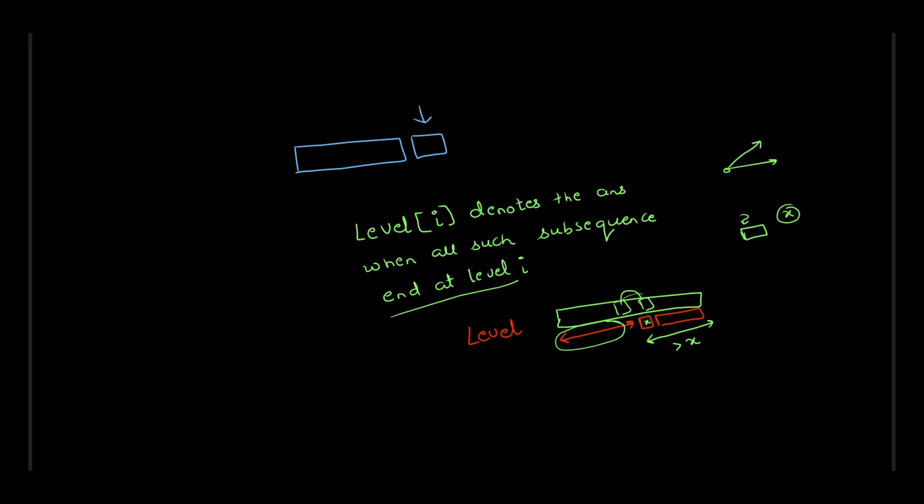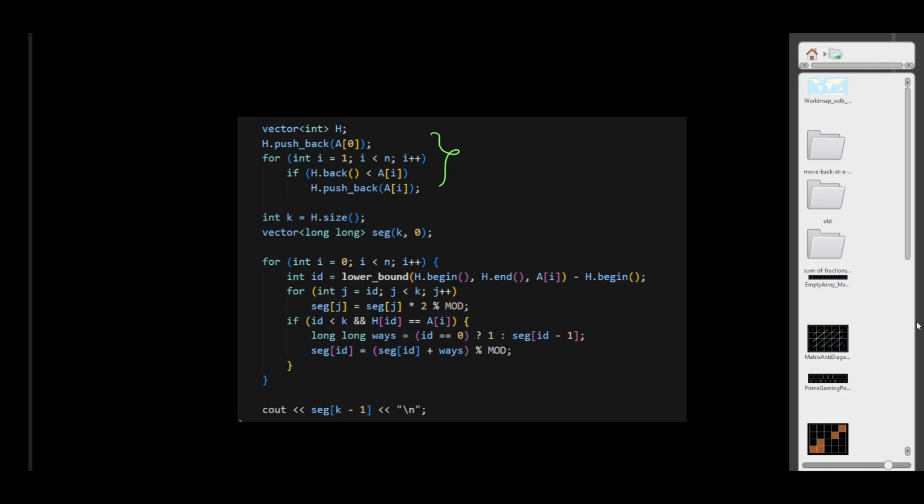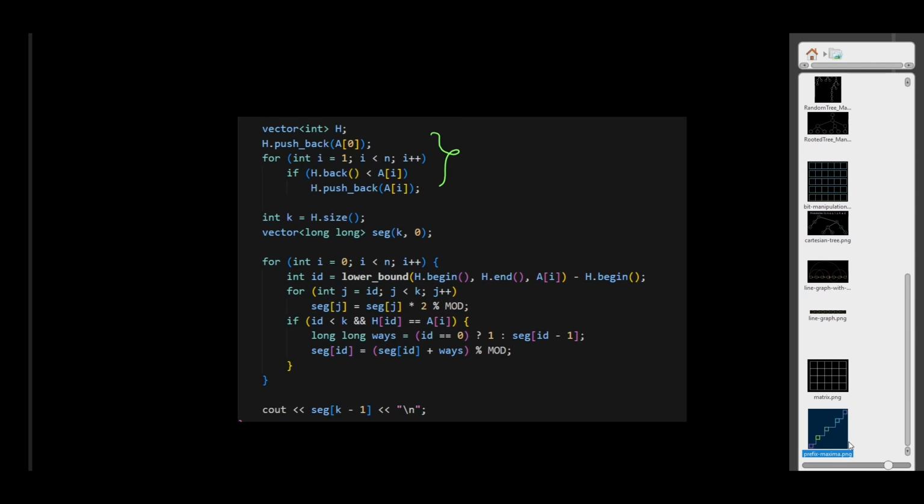So now let's look at the implementation. Given the original array, you compute the levels. The number of levels will be equal to the number of unique prefix maximas that you see, right?